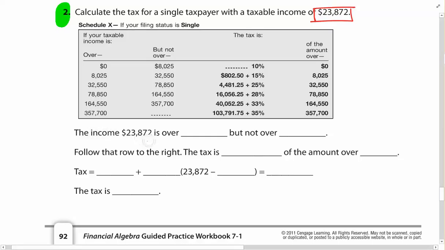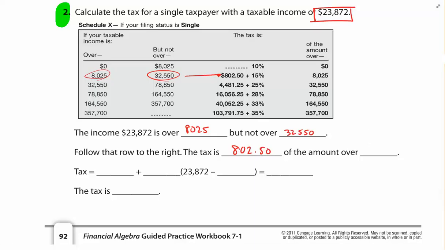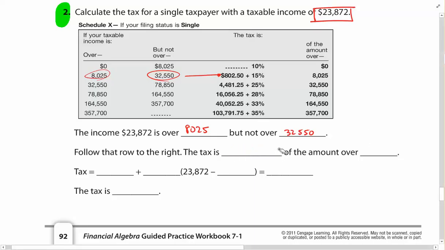The income, $23,872, is over $8,025 but not over $32,550. Therefore, when we follow that row to the right, the minimum tax that we owe is $802.50 plus, oops, sorry about that. I worked through this a little bit too quickly here.